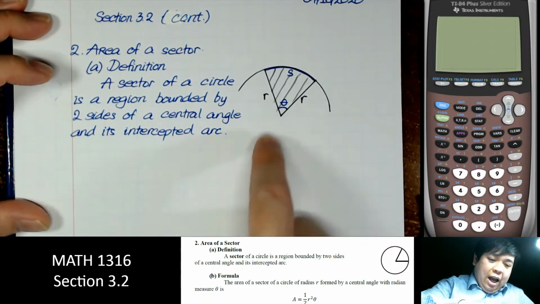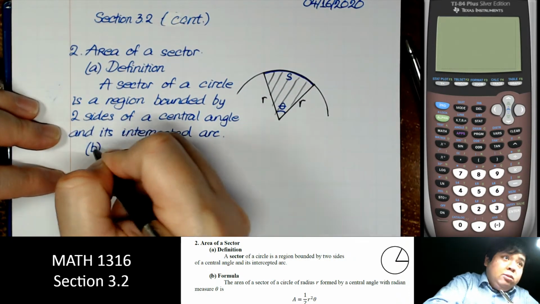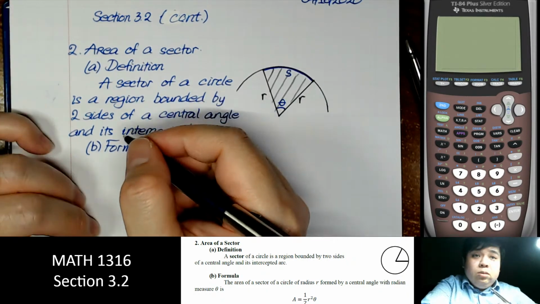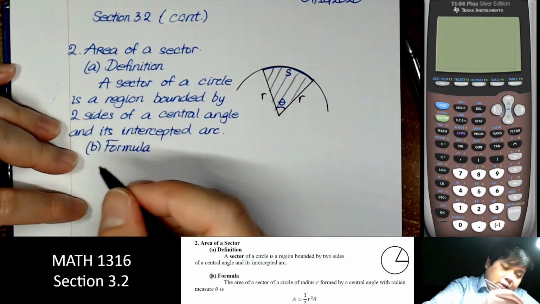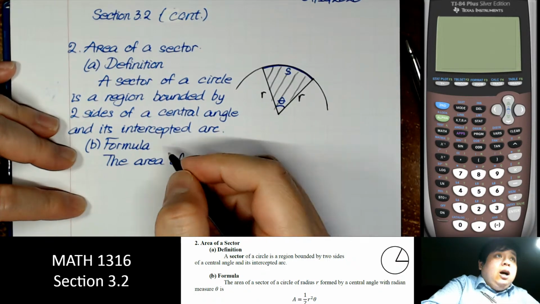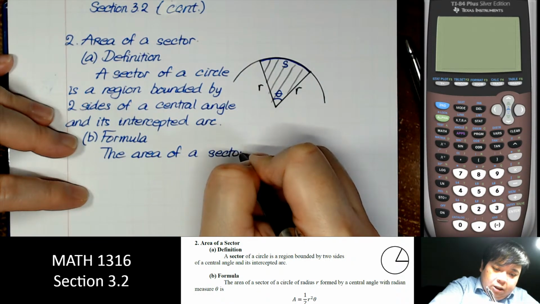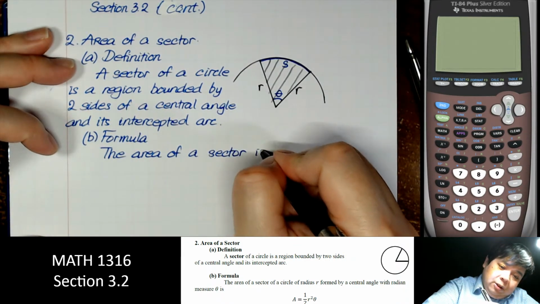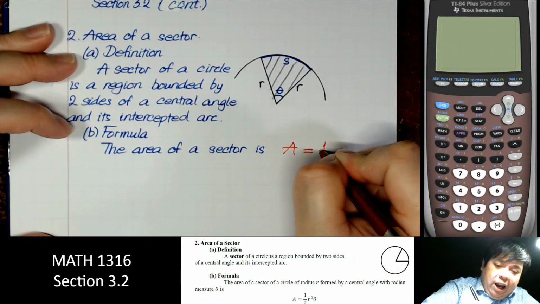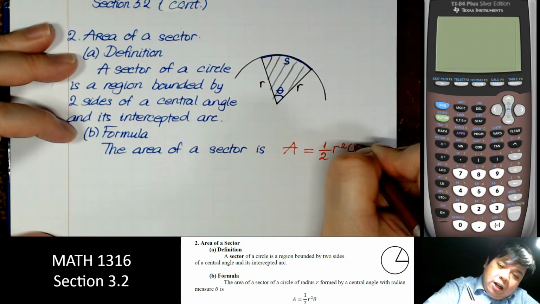Right. Now we try to find the formula for the area of a sector. It is A equals 1/2 r squared theta.